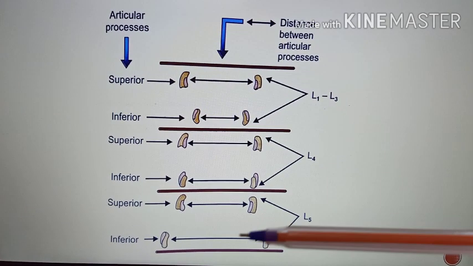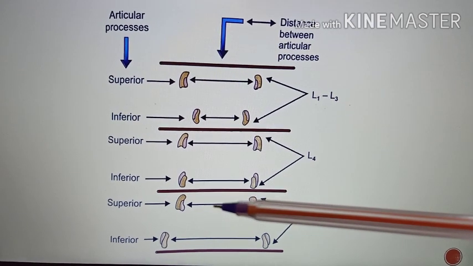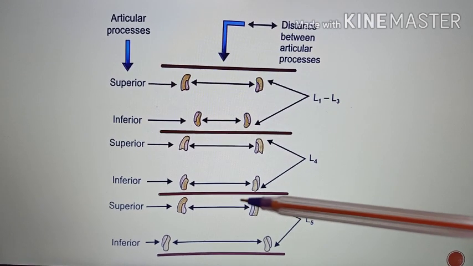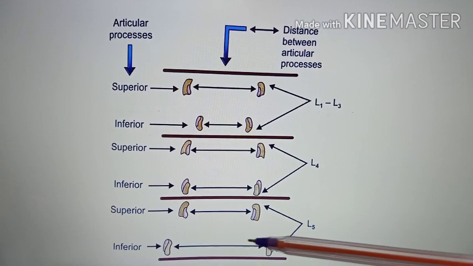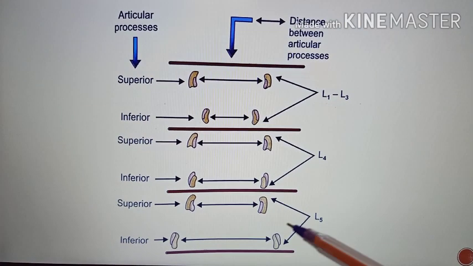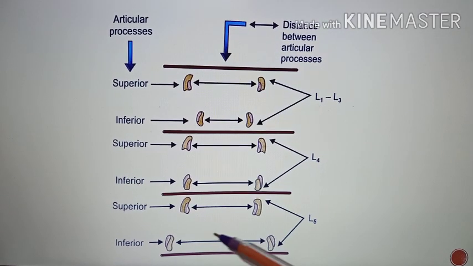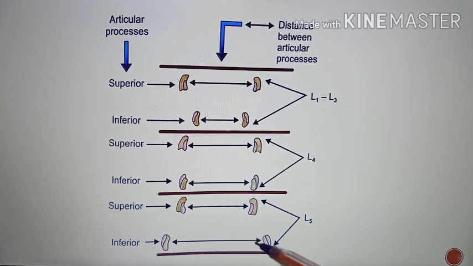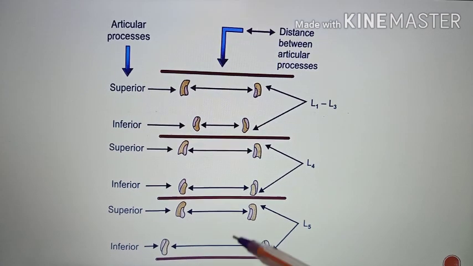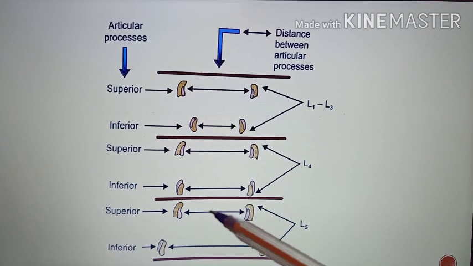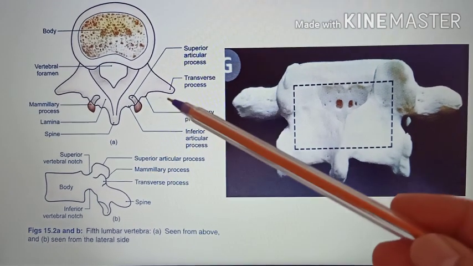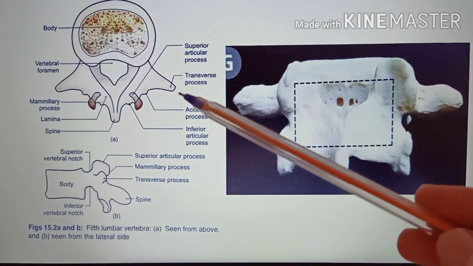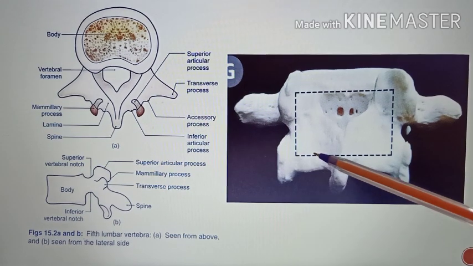In the fifth lumbar vertebra, the distance between the superior articular processes is less than the distance between the inferior articular processes. This slide is showing the atypical vertebra, that is the fifth lumbar vertebra.